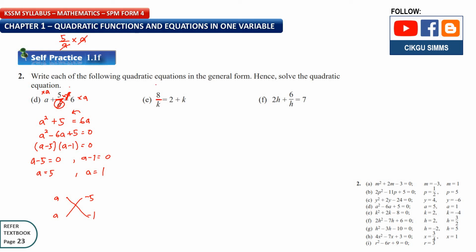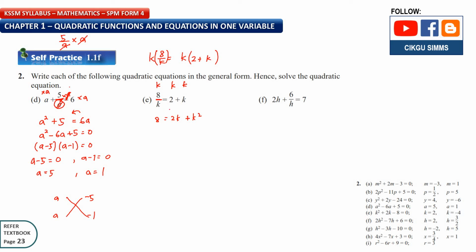Also you have this one, so everything times k, every number times k. That means I times k with the left side, and then I times k with the right side. This one becomes 8, this one becomes 2k plus k squared.